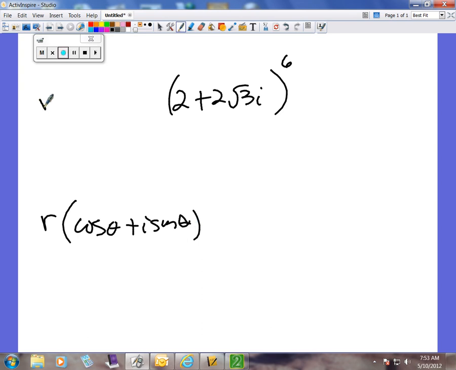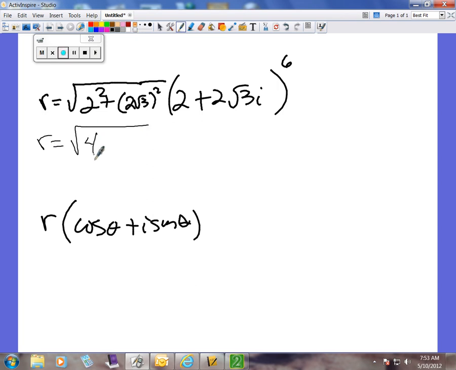So first thing, r is going to equal the square root of 2 squared plus 2 square root of 3 squared. What do we get when we multiply 2 square root of 3, or excuse me, square 2 square root of 3? 12.